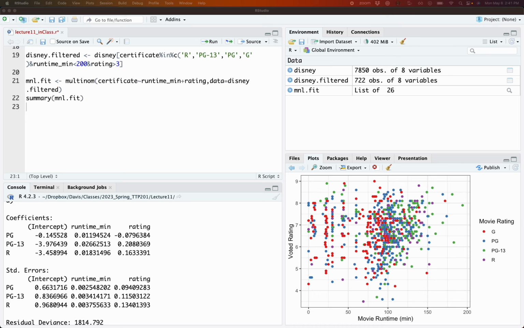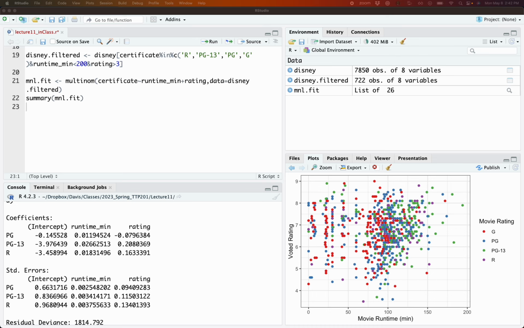So as I had mentioned last time, well, one more thing. Notice that there is one coefficient that's missing. Or one set of coefficients. Yeah, for the G rating. Is that the base level?